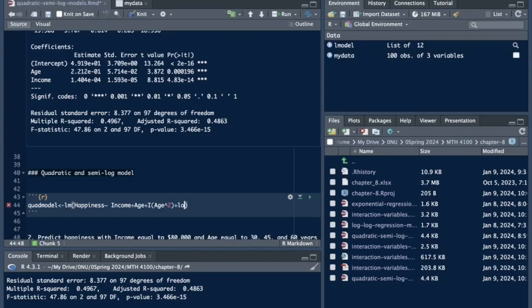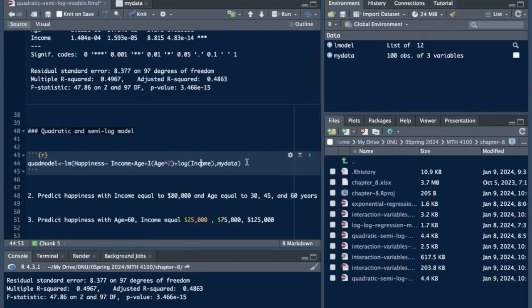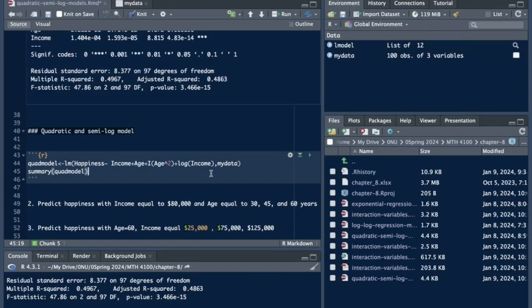That means we have to add log income. So we did a transformation here. We are adding two terms: the age squared, and the log income, which is transforming the income.